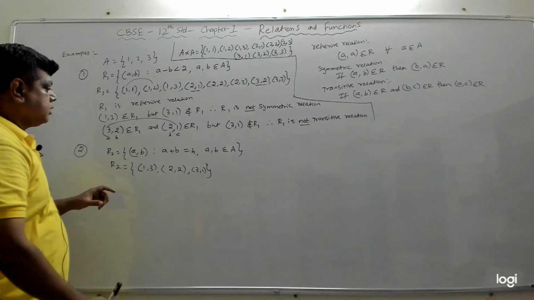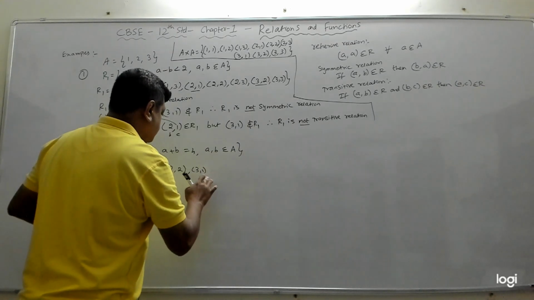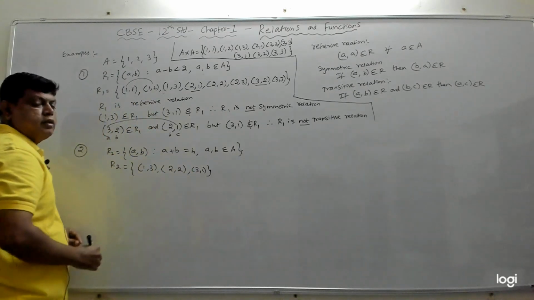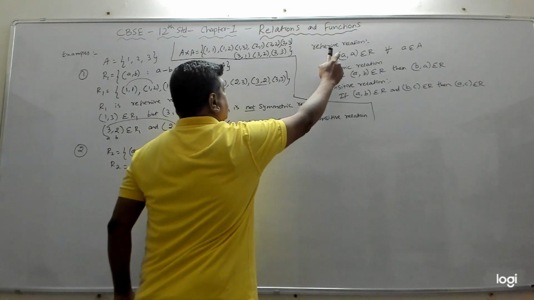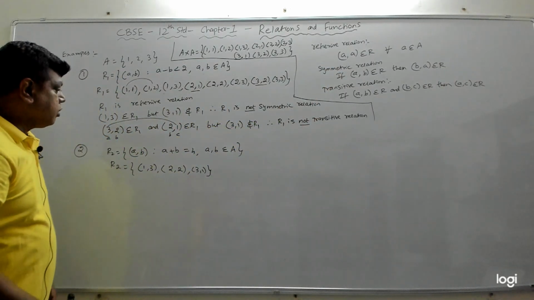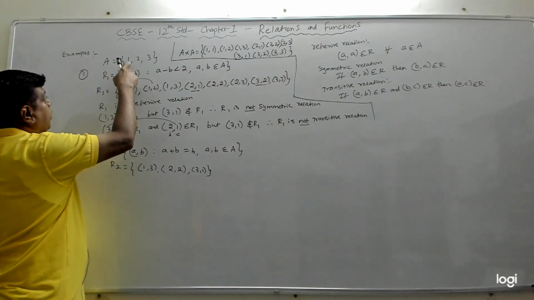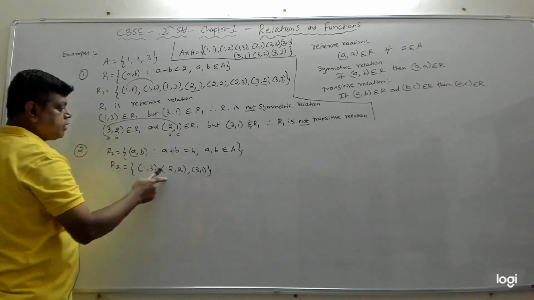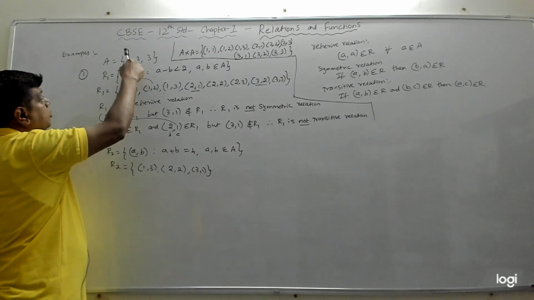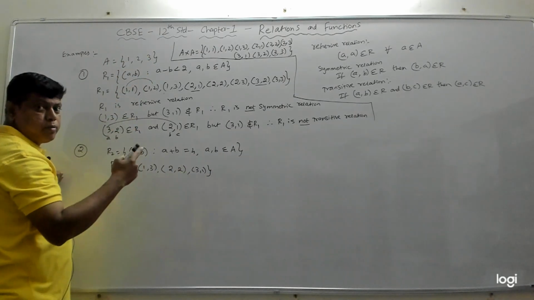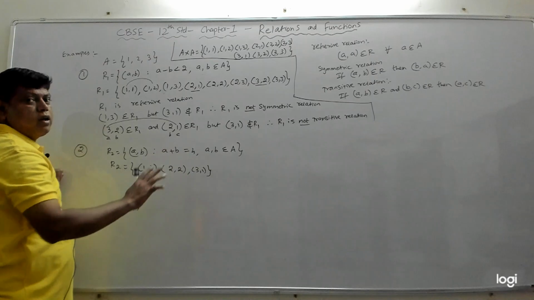Now the question is, is this reflexive? Reflexive means I should take the element 1 and (1, 1) should be there. Is (1, 1) here? No. For every element of A, (1, 1), (2, 2), (3, 3), all three should be there. Even if one of them is not there, we can stop. Here not even one is there.